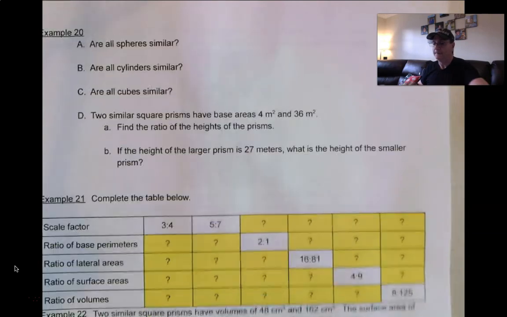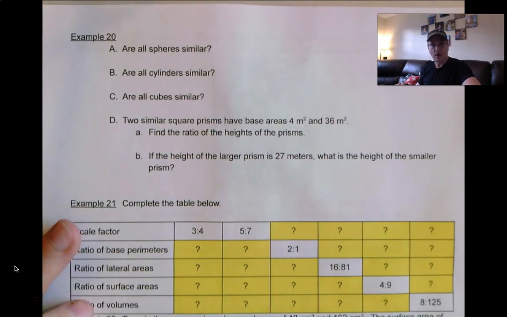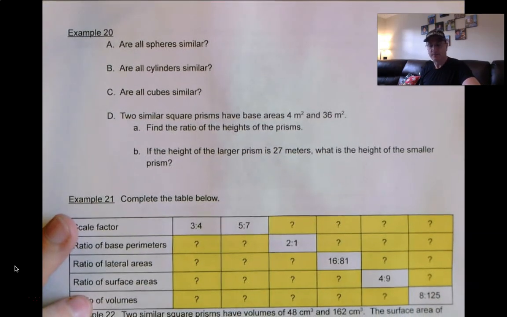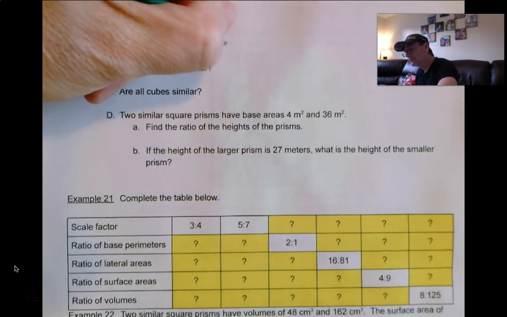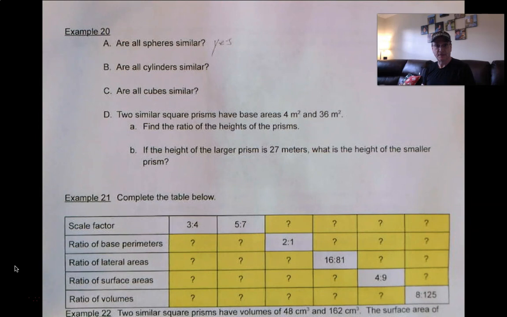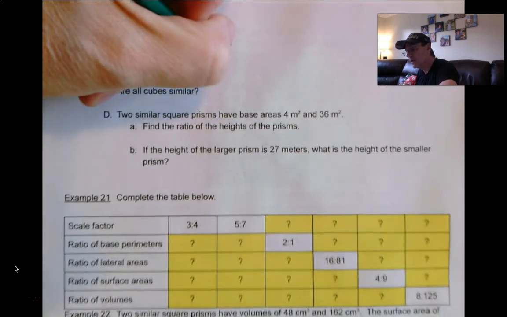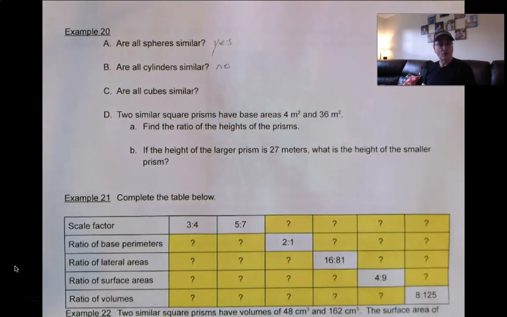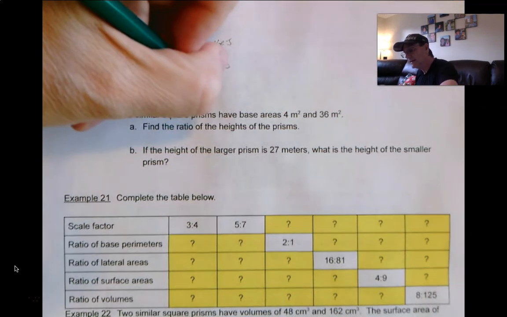Example 20. Are all spheres similar? Yes, just like all circles. Are all cylinders similar? No. Are all cubes similar? Yes.